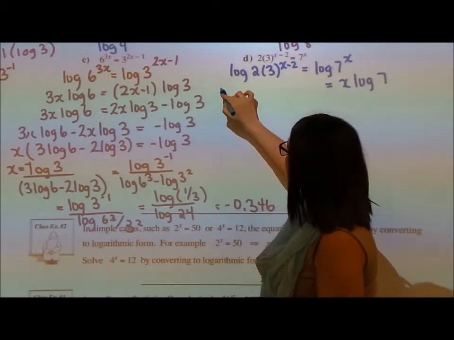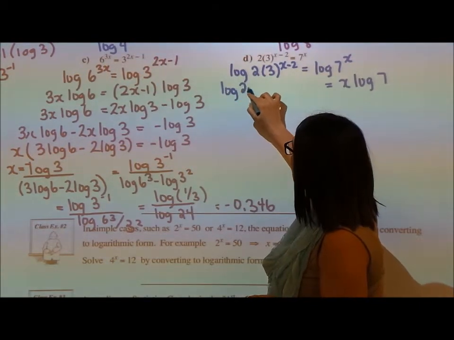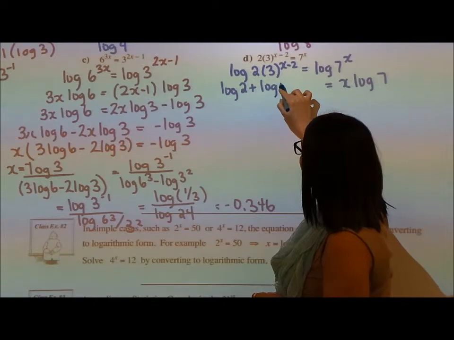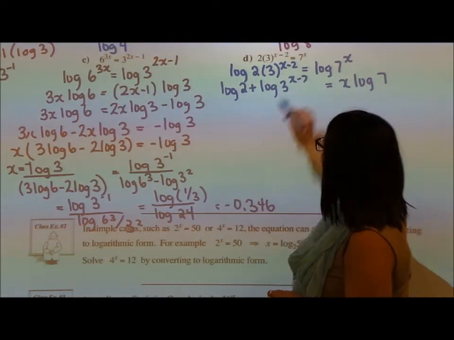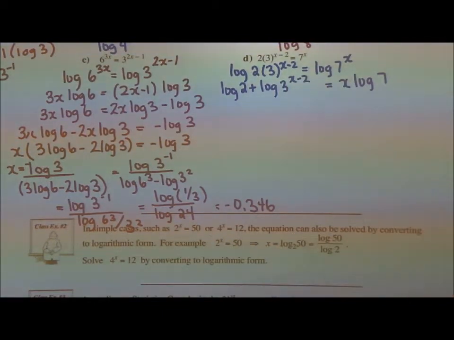So I can use my product law. My product law says split these up by taking the sum of each. How does that help me? How is that going to move me forward to finding the answer for x?